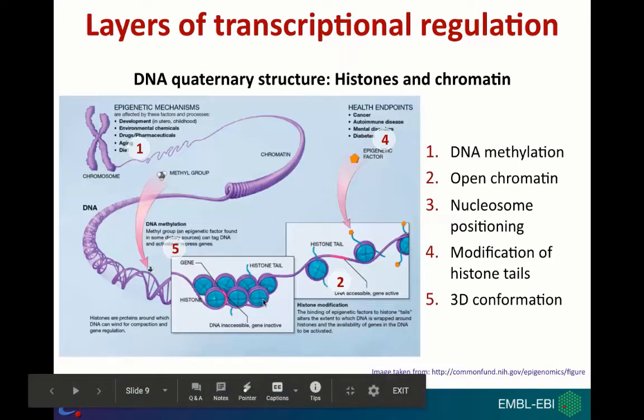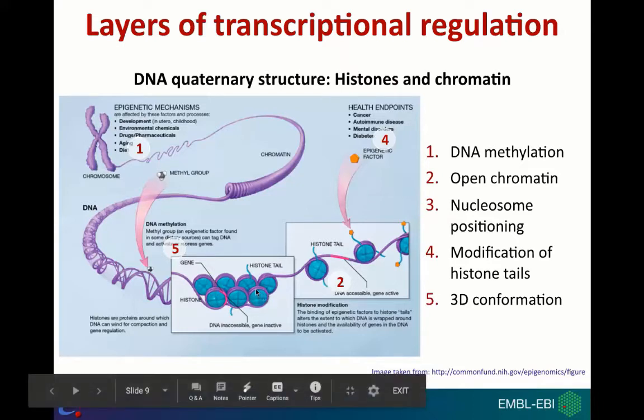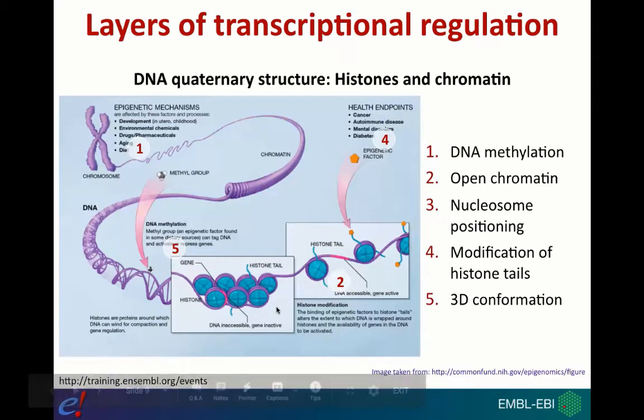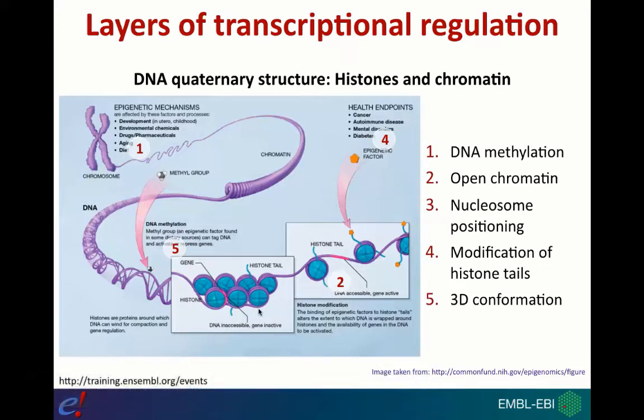Here we just have a front-on view, so we can see four of them, but behind there will be another four. So we'll have two copies of histone H2A, two copies of H2B, two copies of H3, and two copies of H4. These proteins form the nucleosome, and the DNA is wound around them to condense the chromatin.